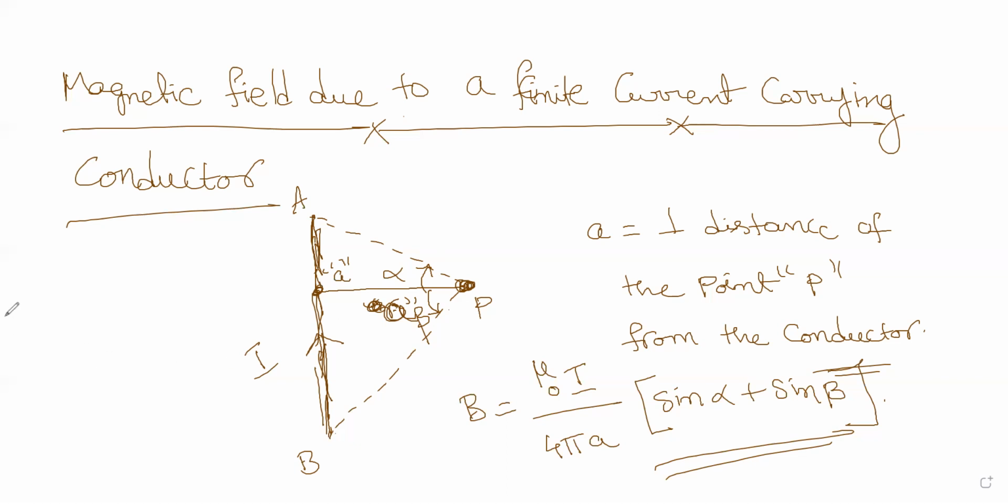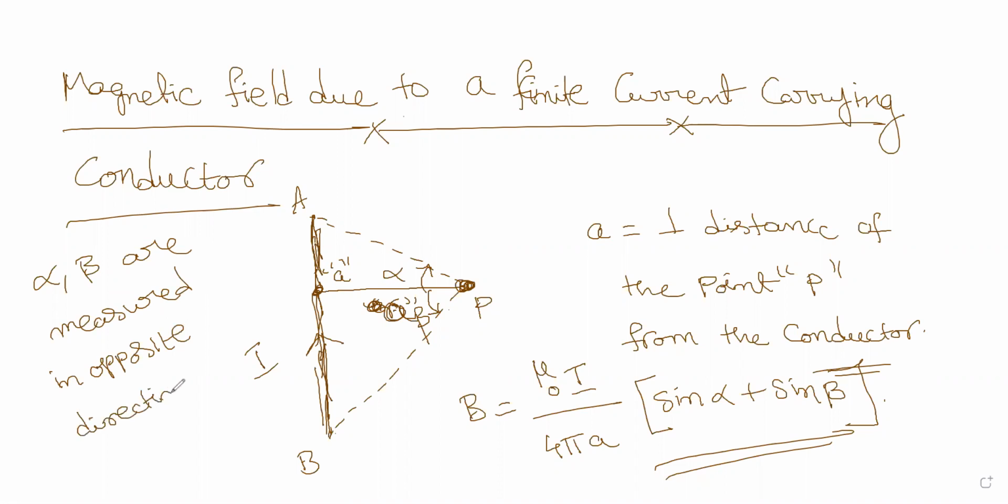So most important is that alpha, beta are measured in opposite directions.